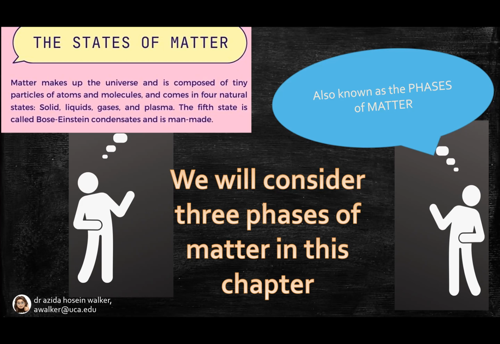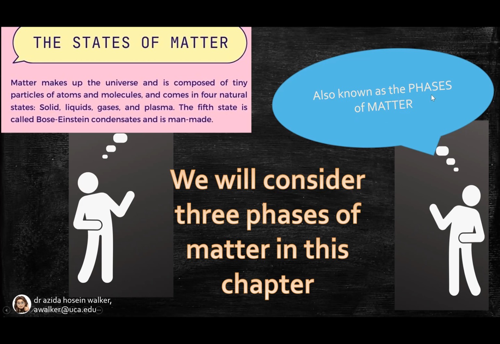And all matter, whether it's atoms or molecules, and depending on the type of compound we have, will exist in solid, liquid, gas, or plasma phase. The fifth state of matter is the Bose-Einstein condensate, and it's not really considered one of the four natural states because the Bose-Einstein condensate is man-made.